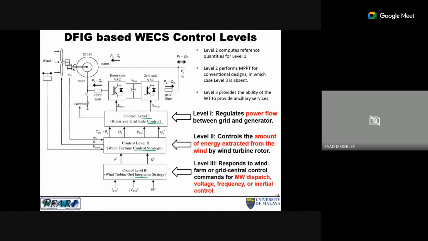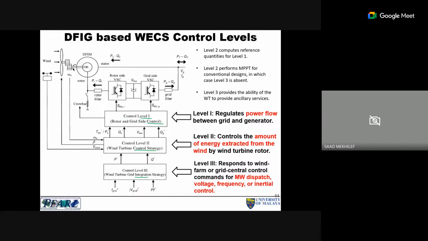Because this is a DFIG, we have the rotor and grid control, the wind turbine itself, and the integration. What does level 1 do? Level 1 mainly regulates the power flow between the grid and the generator. So that's level 1.